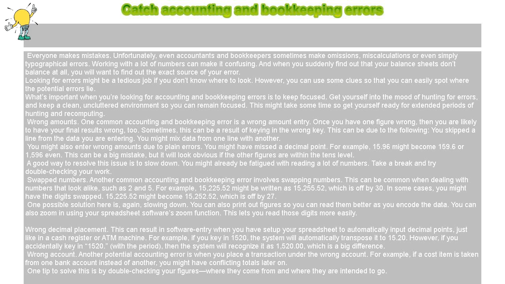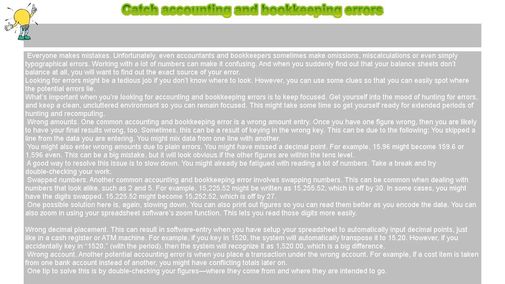Sometimes, this can be a result of keying in the wrong key. This can be due to the following: you skipped a line from the data you are entering. You might mix data from one line with another. You might also enter wrong amounts due to plain errors.